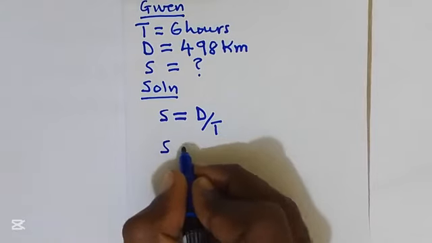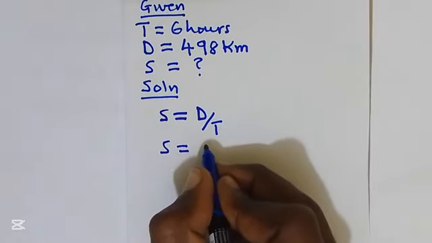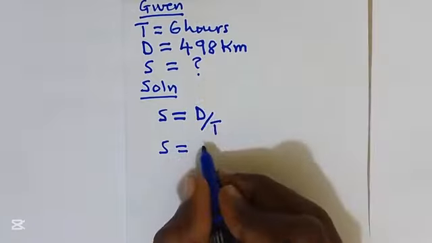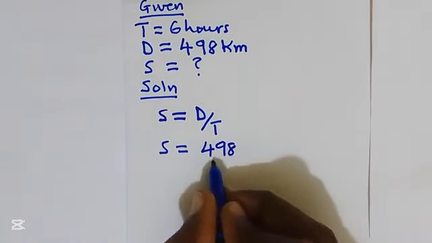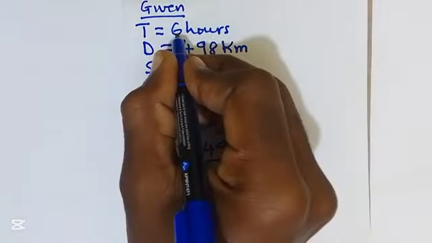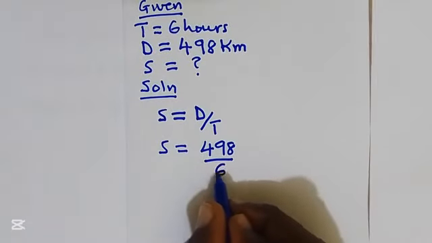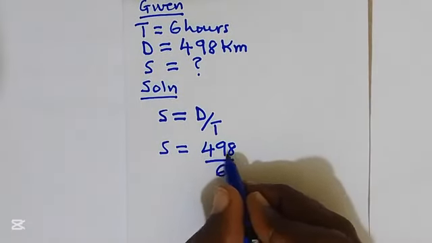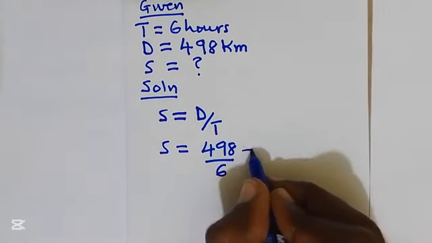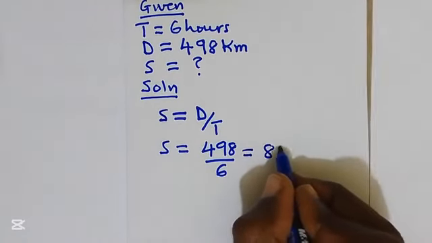Our speed is equal to our distance, which is 498, divided by time, which is 6 hours. 498 divided by 6, we get 83.